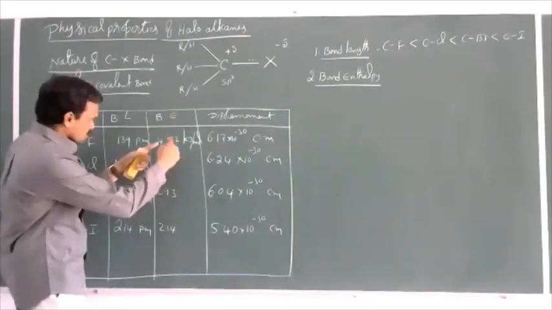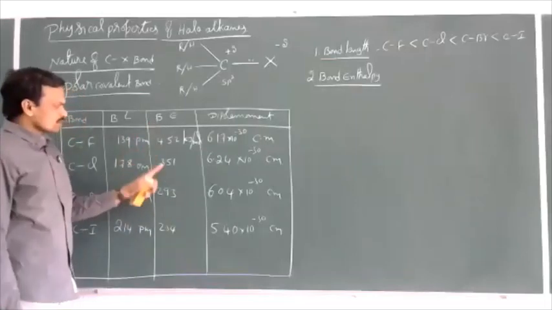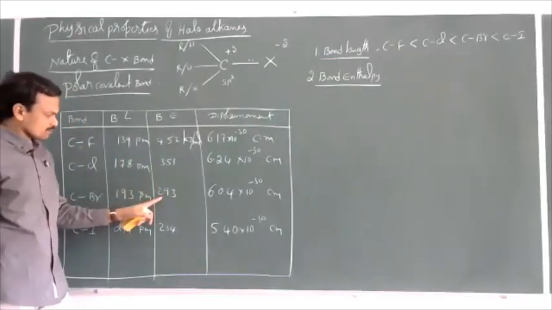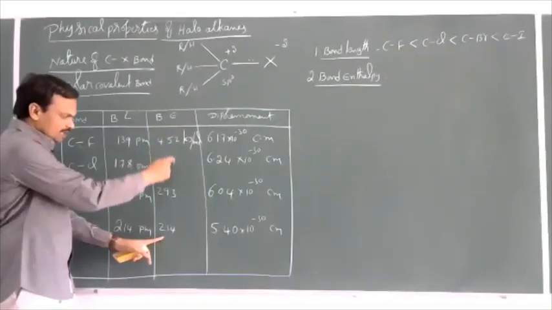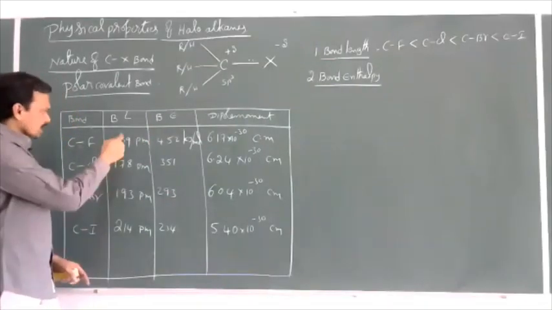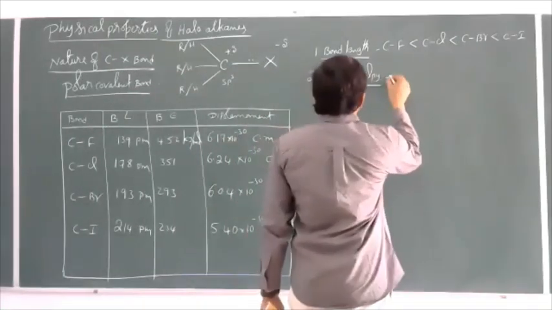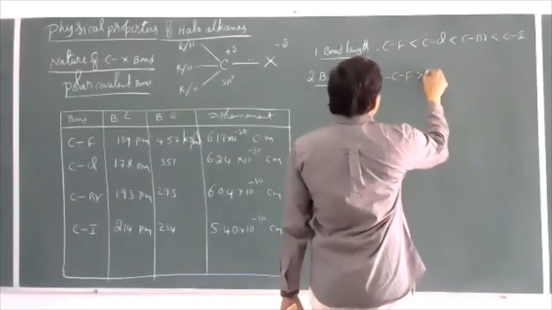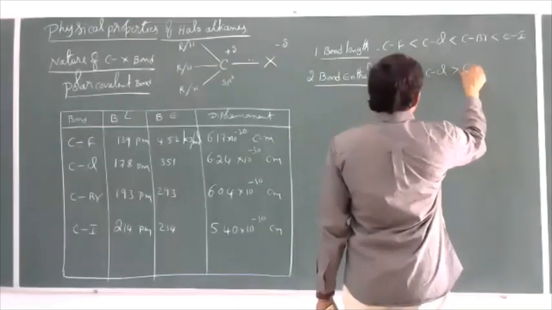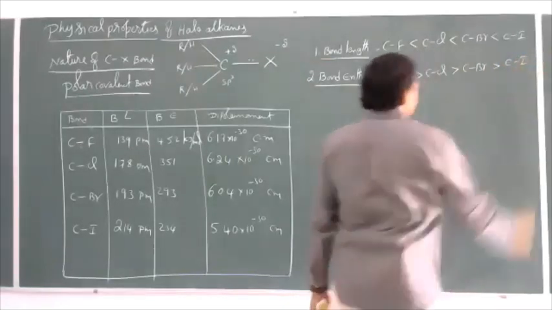For C-F 452 kilojoules per mole, for C-Cl 351, C-Br 293, C-I 234, the bond enthalpy gradually decreases due to the increase in bond length. So the order of bond enthalpy is C-F is greater than C-Cl is greater than C-Br is greater than C-I.